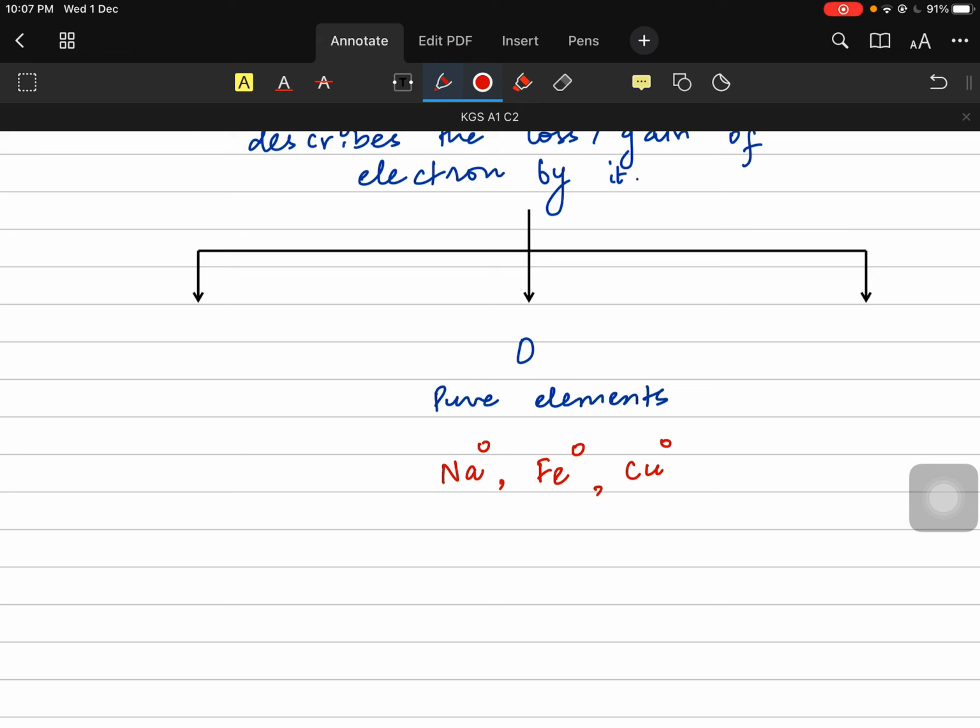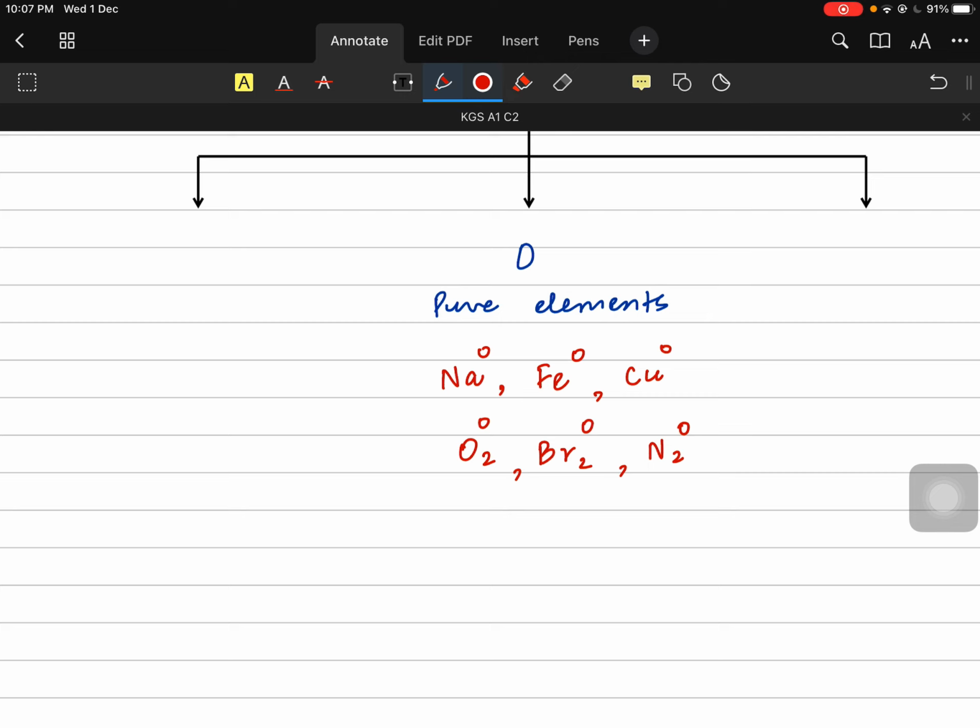Even for non-metals, for example, pure oxygen, 0, pure bromine, 0, pure nitrogen, 0. Even if it's an element with multiple atoms, for example, O3, which is also known as ozone gas, 0. It could be P4, which is phosphorus, 0. It could be S8, which is sulfur, 0. So as long as the element is pure and alone, it's going to be a 0.